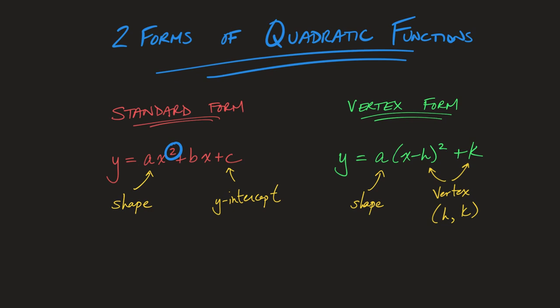You will also recognize in the green form, that exponent 2, there is my vertex form of my quadratic function. So just before we nail down the particulars of each form, I want to highlight they are both quadratic.